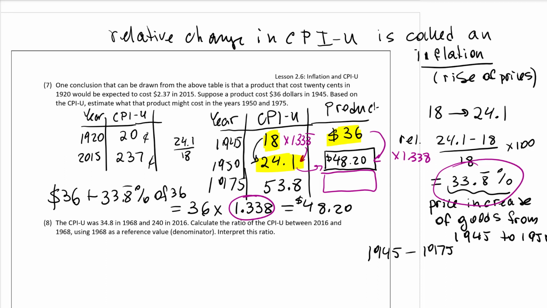You can actually use 1950, but I'm going to use the same number as before. So it's 53.8 minus 18 divided by 18. All right, so that gives us the percent change. You're going to get 198.8 repeating of a percent.